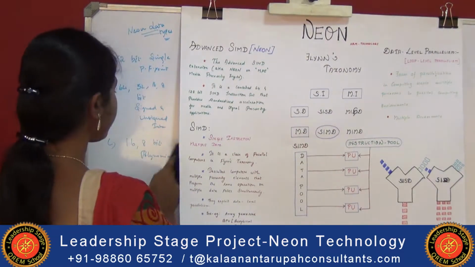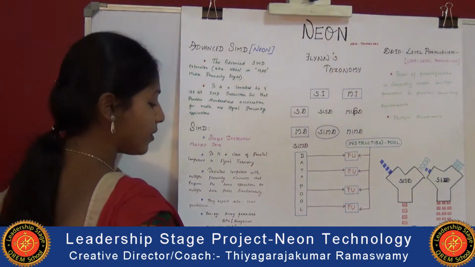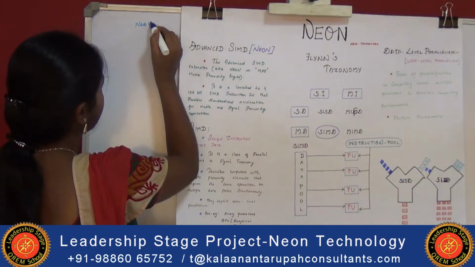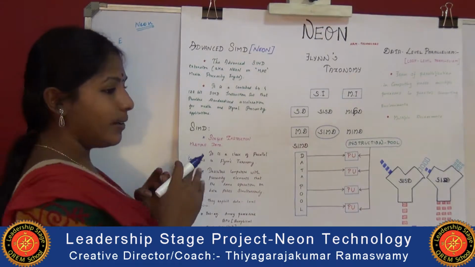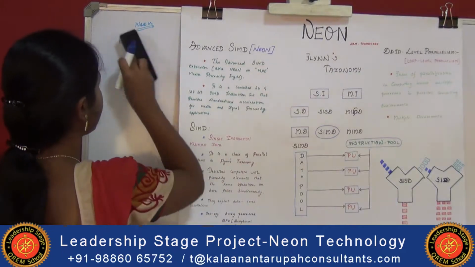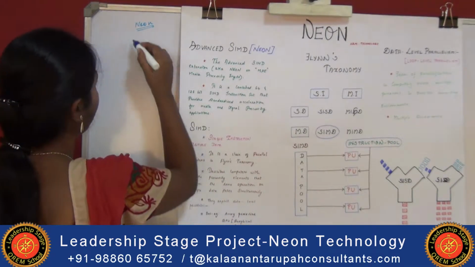And the main selling point of NEON is why it came into existence. For example, if there is a process of vector math, like addition, this NEON processor does that vector math in a parallel format.